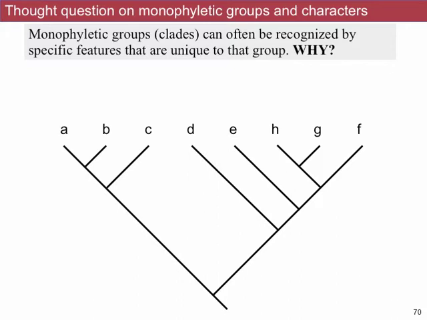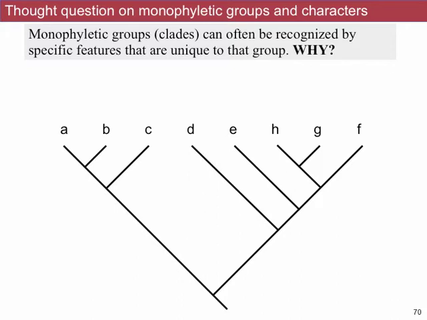Yeah. The chance of the exact same mutation arising in two separate ways. Yeah, so where would the changes arise that are unique to a particular monophyletic group? Well, they don't arise in the common ancestor. They come in the branch leading up to the most recent common ancestor.